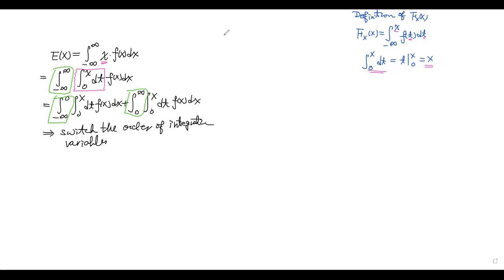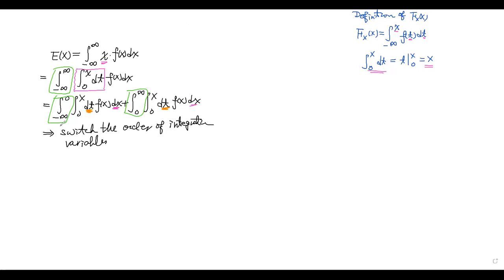Take a look here: I integrate dt first, then I integrate dx. Now I want to switch that, so I integrate dx first, then dt.